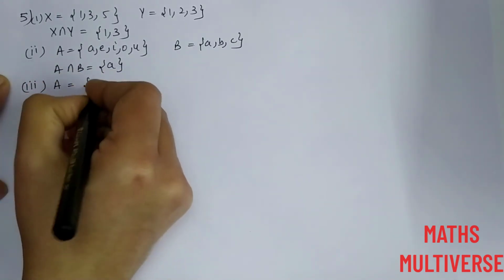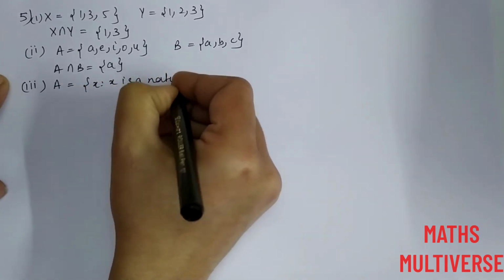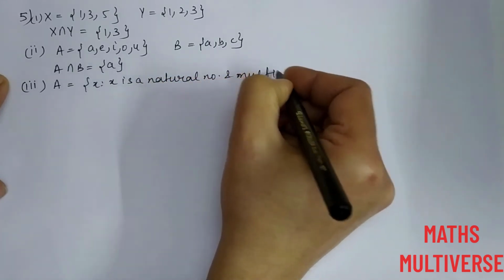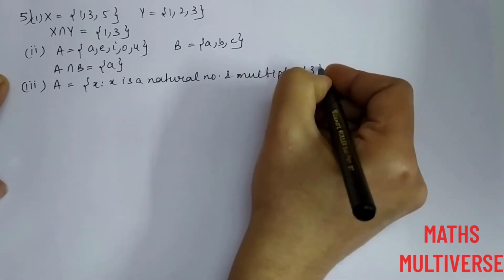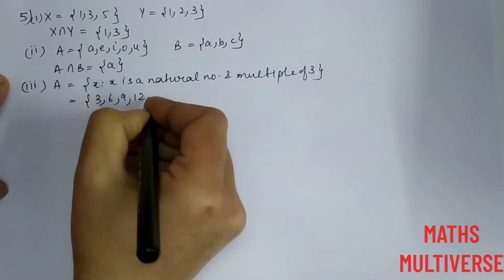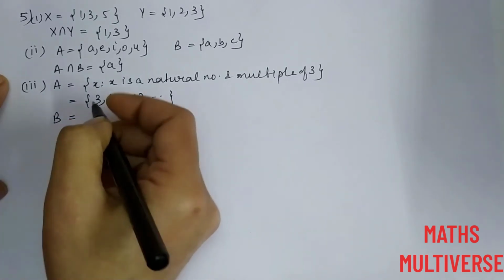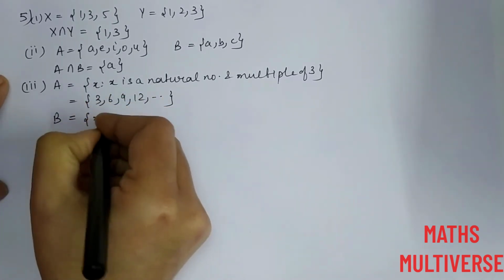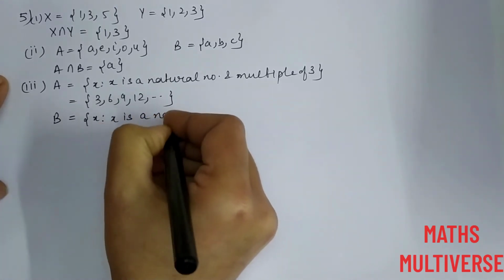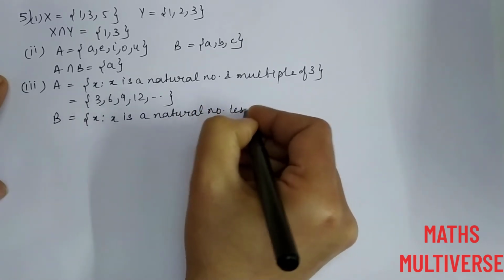In the third part, A is equal to {x such that x is a natural number and multiple of 3}, that means this is equal to 3, 6, 9, 12 and so on, and B is equal to {x such that x is a natural number less than 6}.